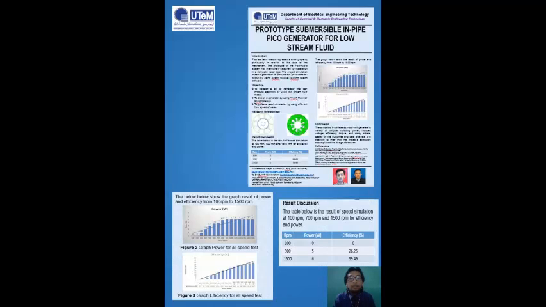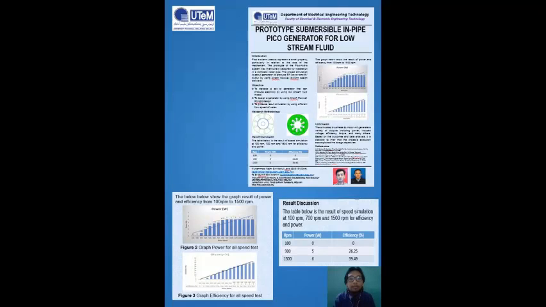The figure graph about power shows the output starts at 300 rpm because 100 rpm and 200 rpm lack the speed to produce output. The graph shows different output power from 100 rpm till 900 rpm, and it stays constant after 900 rpm.